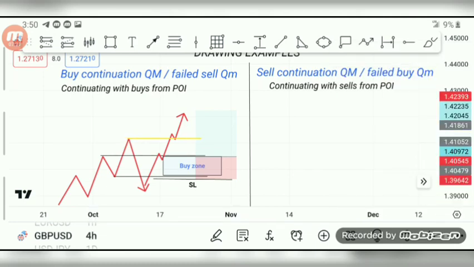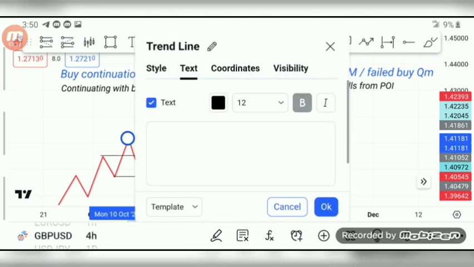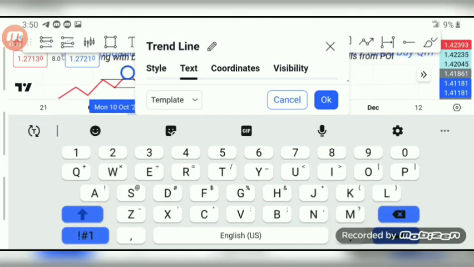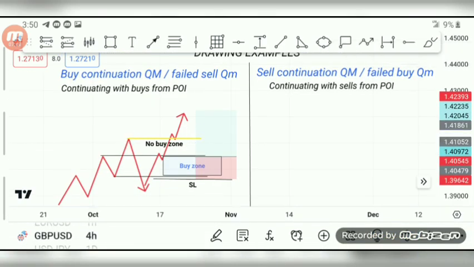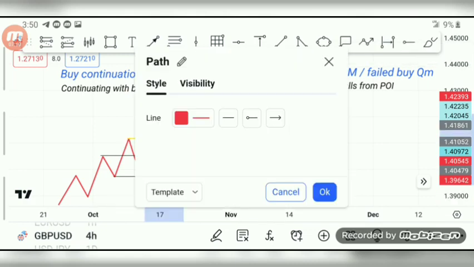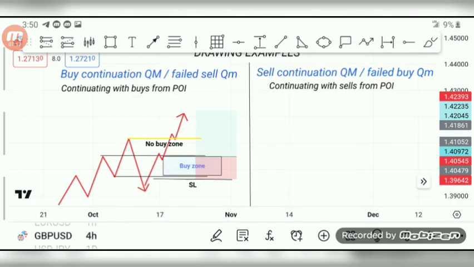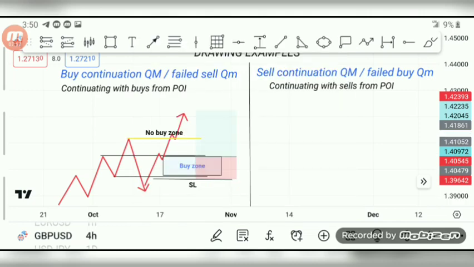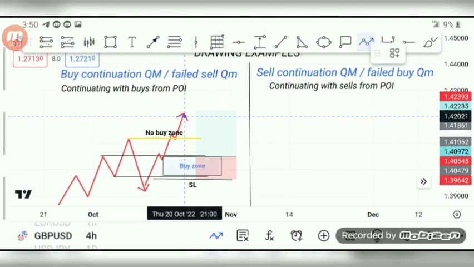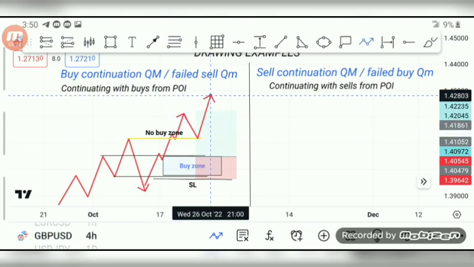I know this is a no buy zone. Don't wait for price to retrace right here and you take these buys.